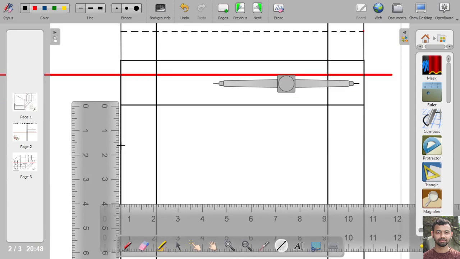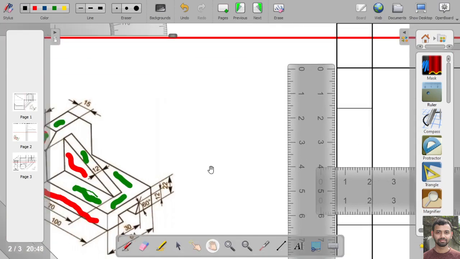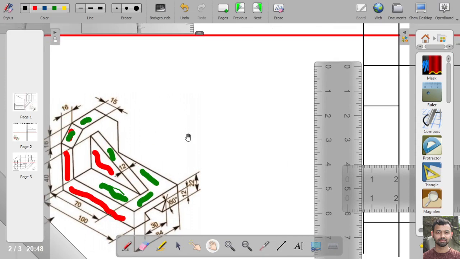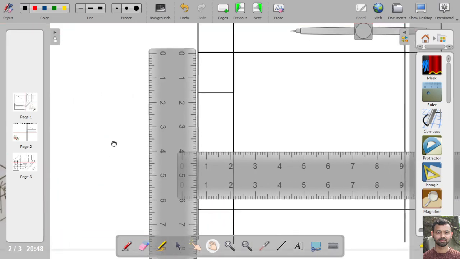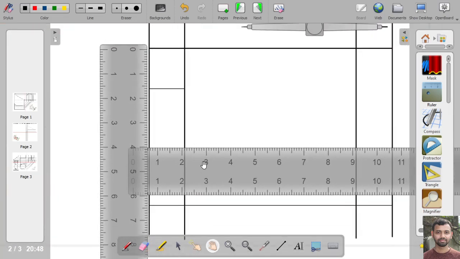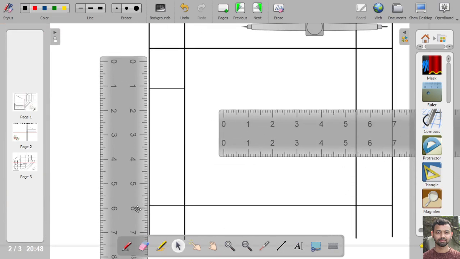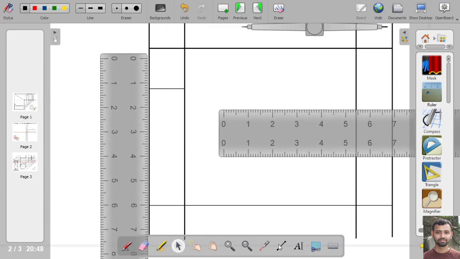So it will be at a distance of 16 mm, that means up to this point. Okay, from this edge it is at a distance of 16 mm, and then from this edge also it is at a distance of 16 mm.